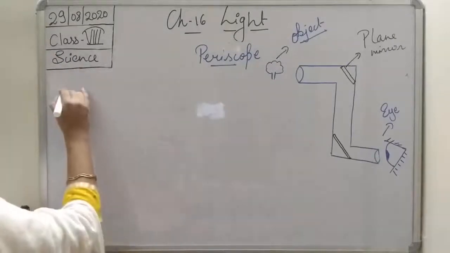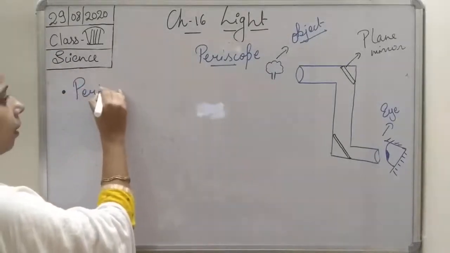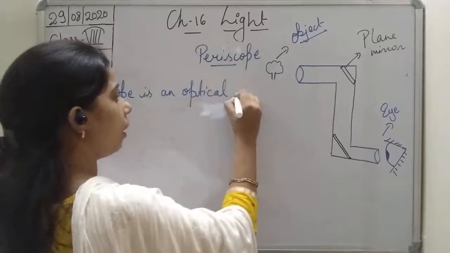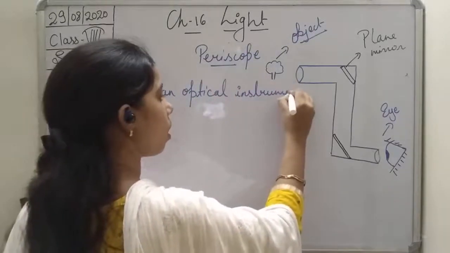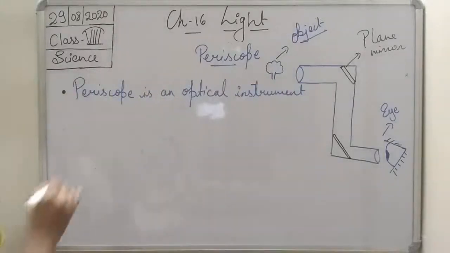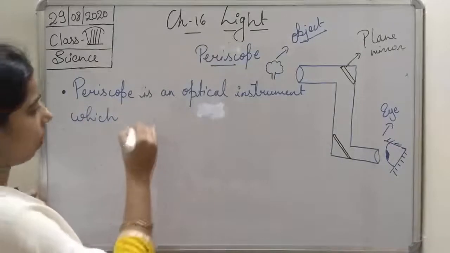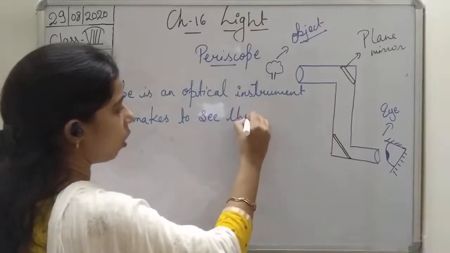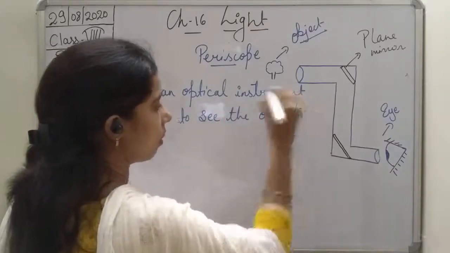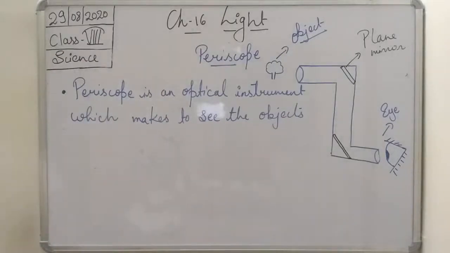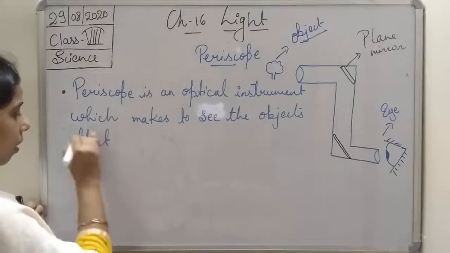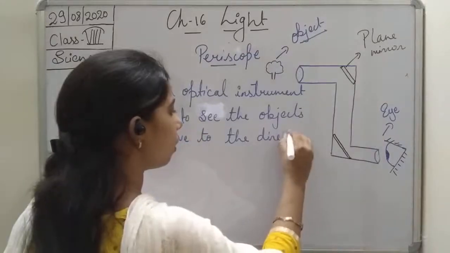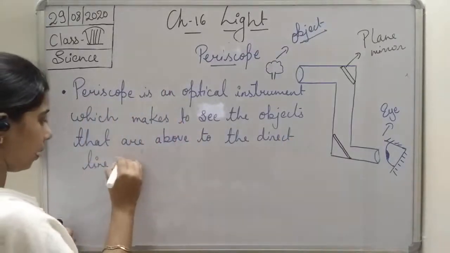The first thing about the periscope is that it is an optical instrument which makes us able to see objects that are above the line of sight.